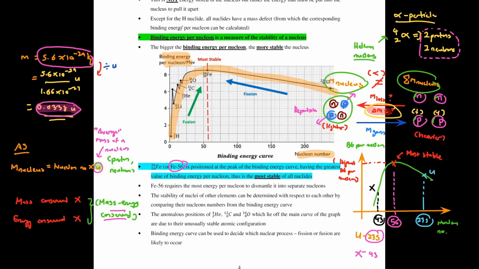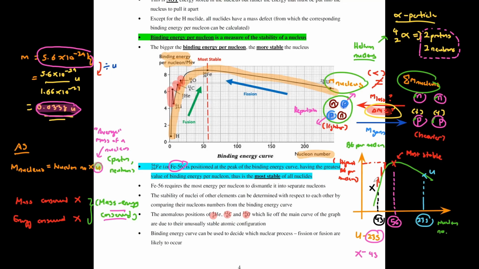Another thing that you would need to know is this: notice that in your graph, there are certain sharp points, certain specific peaks like this. Those peaks belong to certain specific elements like helium, carbon, and oxygen.